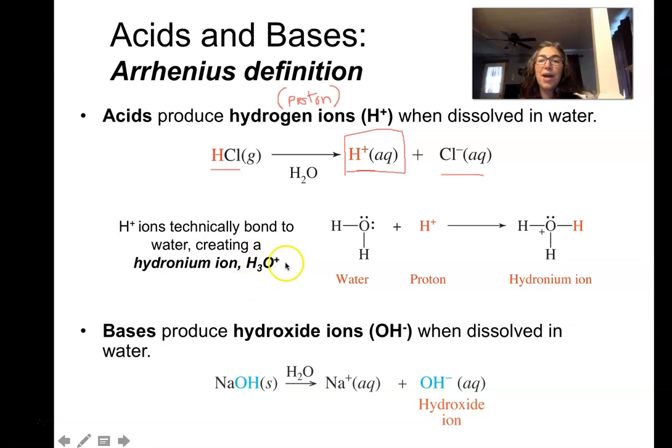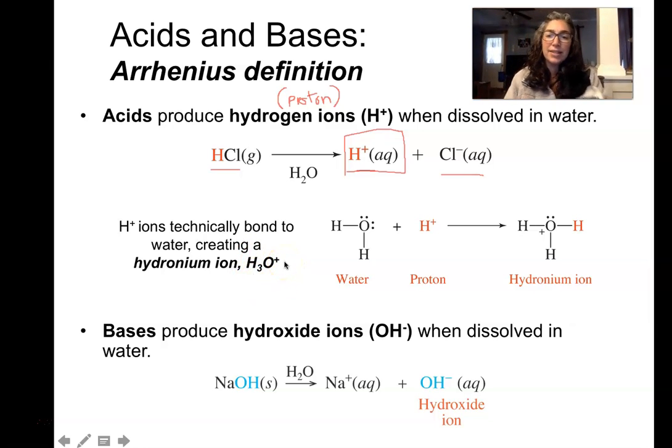So hydronium and hydrogen ions are kind of synonymous in acid-base chemistry. Sometimes you'll see it written as H+, sometimes as H3O+.